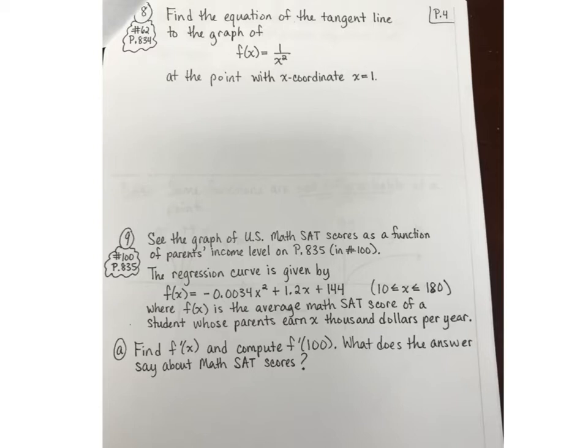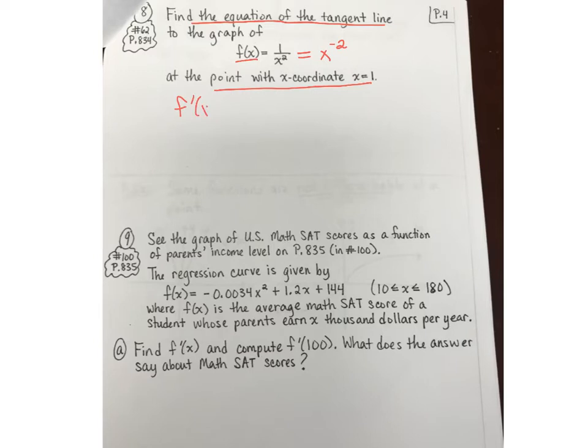So first things first, f of x is equal to x to the negative second. Now, it says find the equation of the tangent line to the graph of this function at the point with x coordinate x equals 1. That means first we need to find out what our slope is. Well, remember the slope of the tangent line is your derivative.